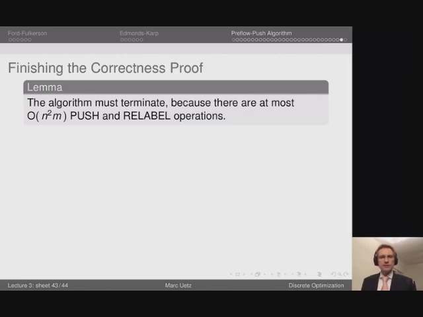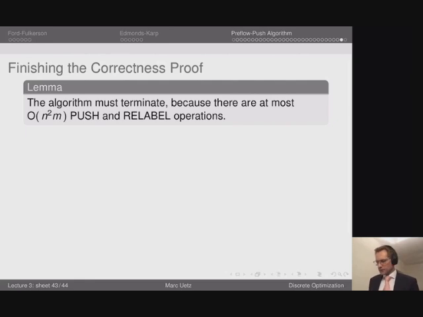And that also immediately shows that the computation time is order n squared times m, because a push operation is a constant time operation, and so is a relabel operation. Now, the proof of this final lemma is a nice one because it uses a new technique that we haven't used before, the idea of using a so-called potential function.